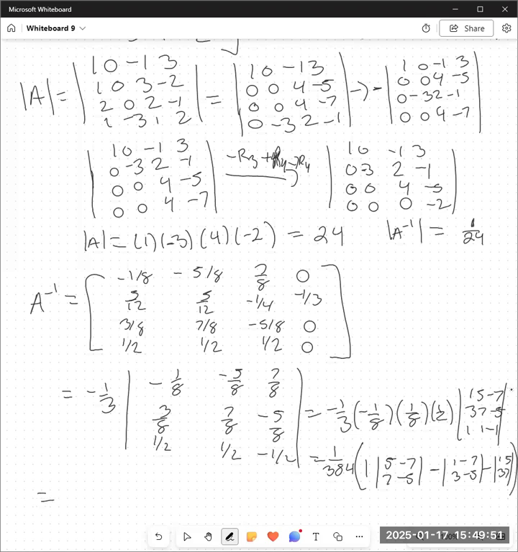So that's 1 over 384 times, then this one is negative 25 plus 49 minus, and then this one is negative 5 plus 21. And then this one is minus 7 minus 15.